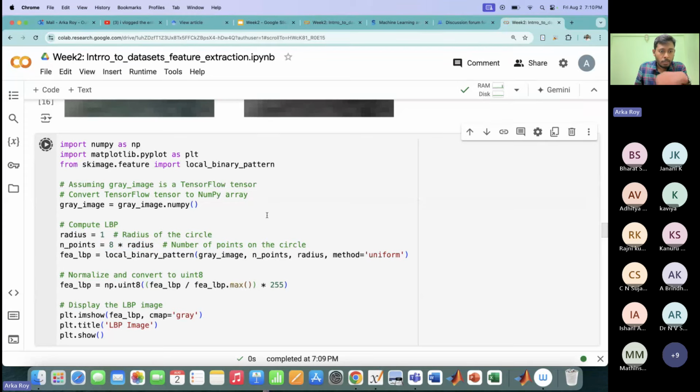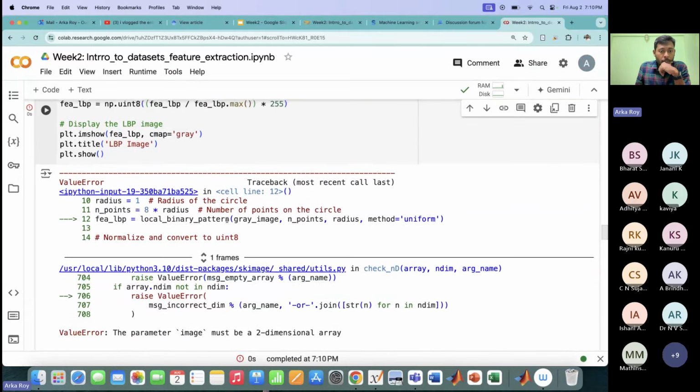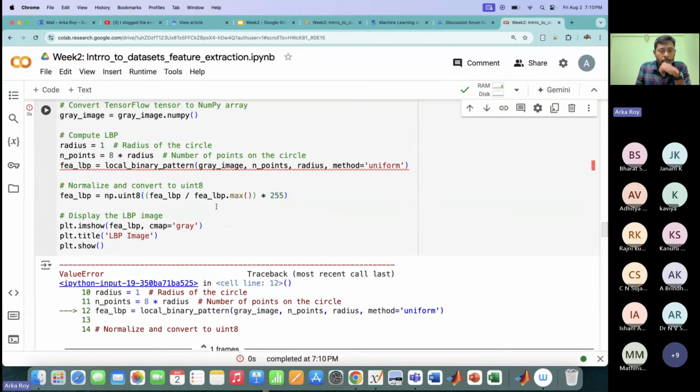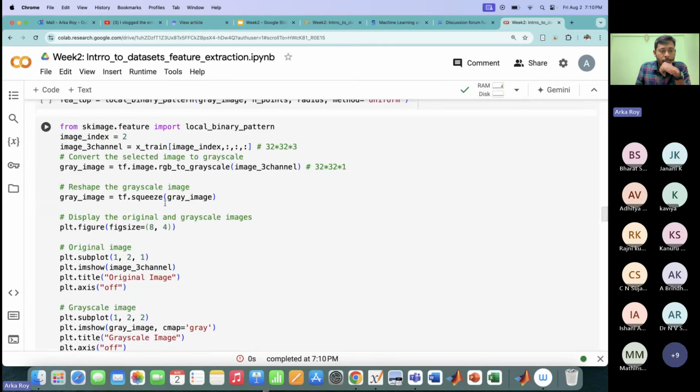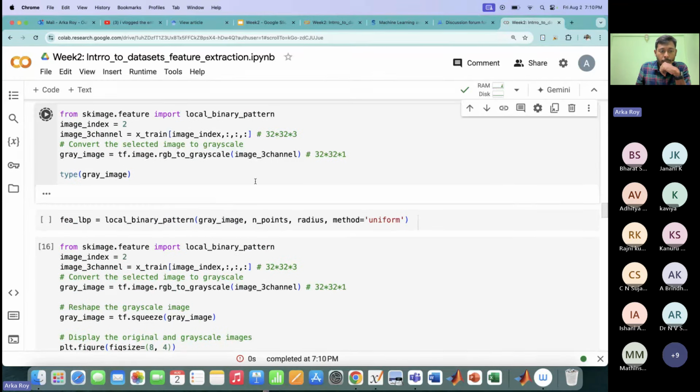Or I can run it over here as well. Yeah, so over here, you can see that I extracted this gray image from here, which is of type tensor.